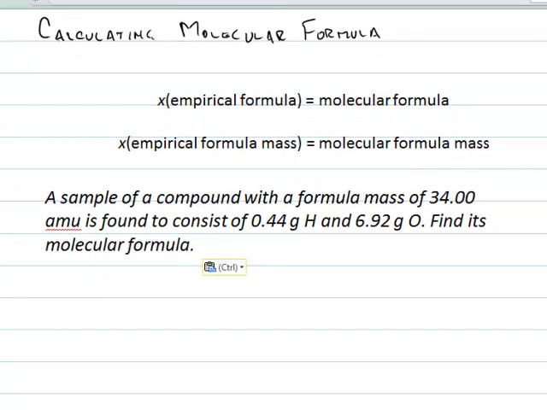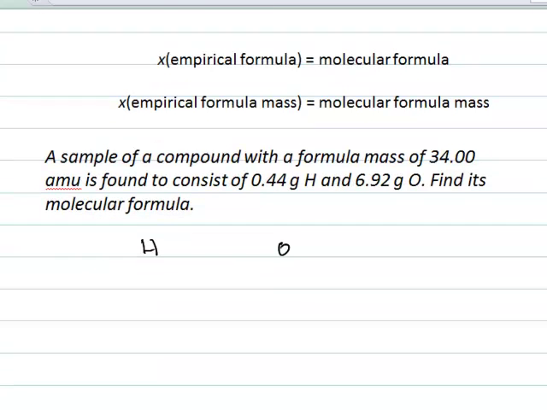Find its molecular formula. Okay, the first thing we need to do is go through finding the empirical formula like we've done in the past. So we'll write our two elements here, hydrogen and oxygen. And now, because these were not given to us as percentages, but rather in gram amounts, we can just use those directly.